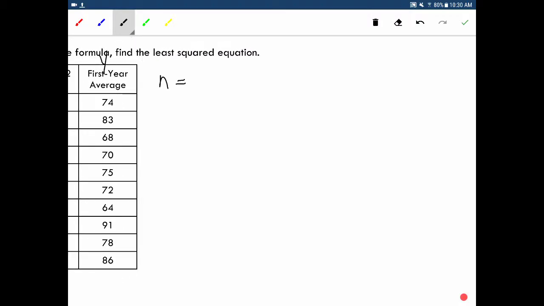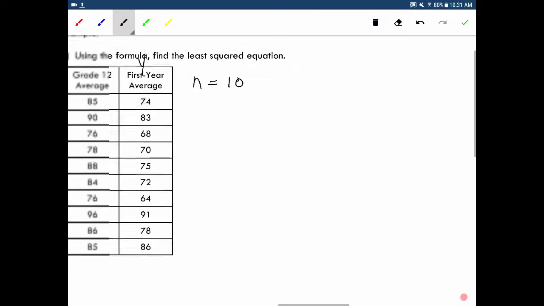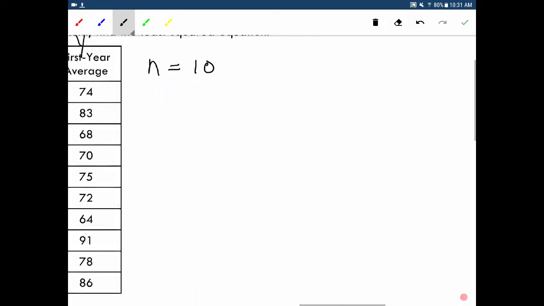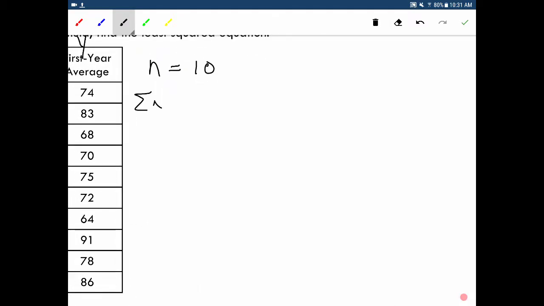Which, just like before, n is the number of pieces of data, so there's just 10 pieces of data. I am just going to double check that I've used the correct data set. Okay, all right. I have made that mistake before, and I've used the wrong data set, but so we need to add up all the x's times the y's, you know what I mean.